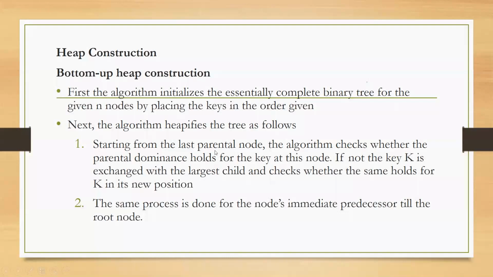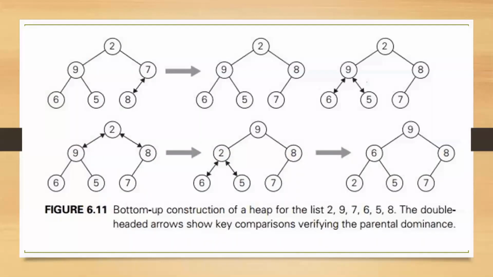Starting from the last parental node, the algorithm checks whether the parental dominance holds for the key at this node. Look at the diagram. Which is the last parental node here? 7 is the last parental node. 6, 5 and 8 are the leaf nodes. So 7 is the last parental node in this heap.